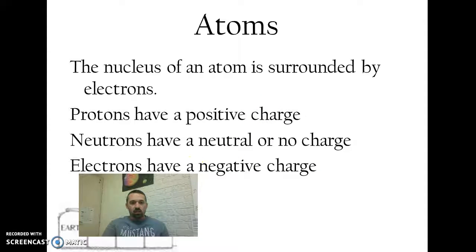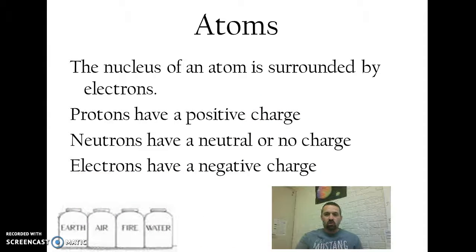And then the nucleus of the atom is surrounded by electrons, and then we talked about the different charges that all those different things have. With neutrons having no charge or neutral, protons have a positive charge, and electrons have a negative charge. If an atom has more protons than electrons, then it is a positively charged atom, and if it has more electrons than protons, it is a negatively charged atom. So that's just some stuff to keep in mind.